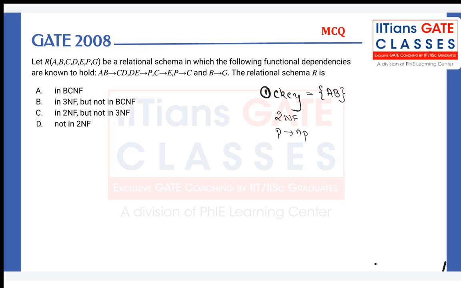I was saying, to check for 2NF, the LHS must be a proper subset of the candidate key. Is there any functional dependency like that? No, there is no functional dependency.